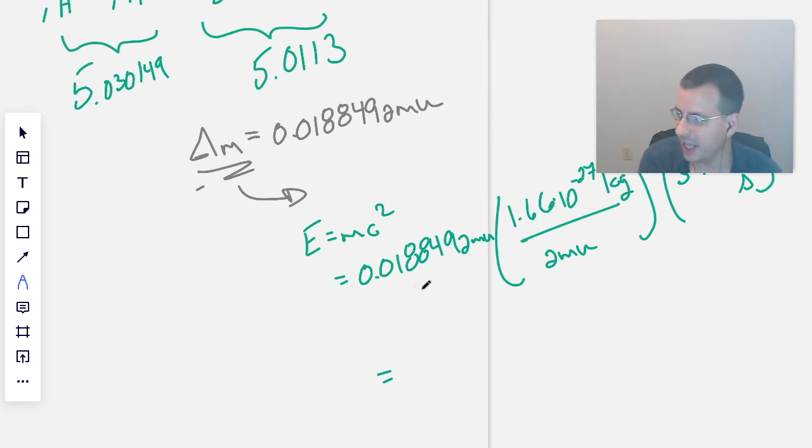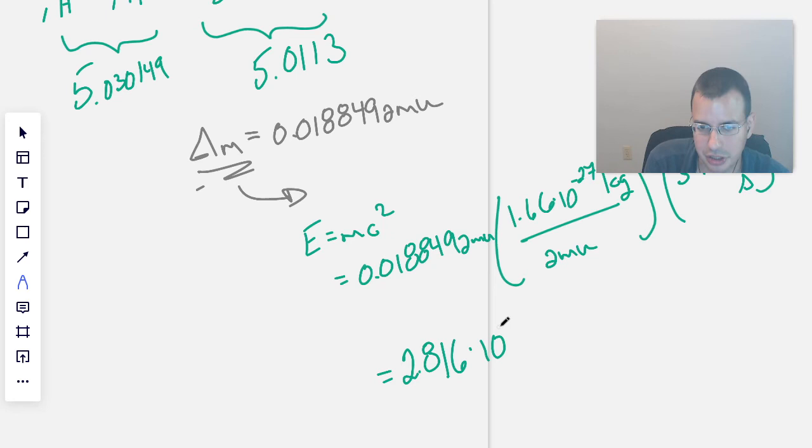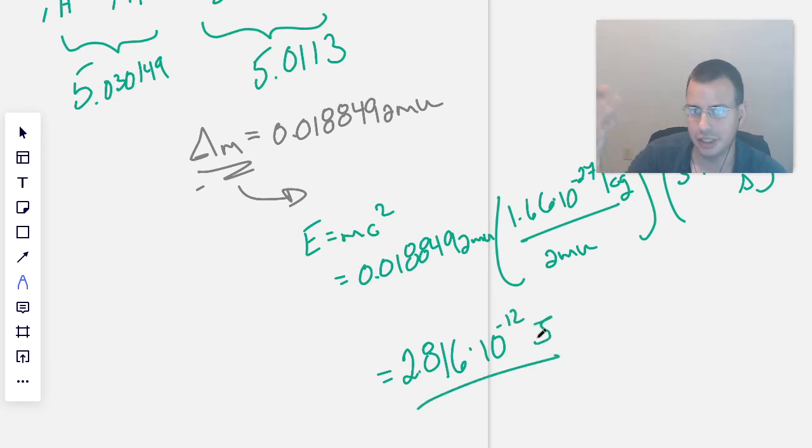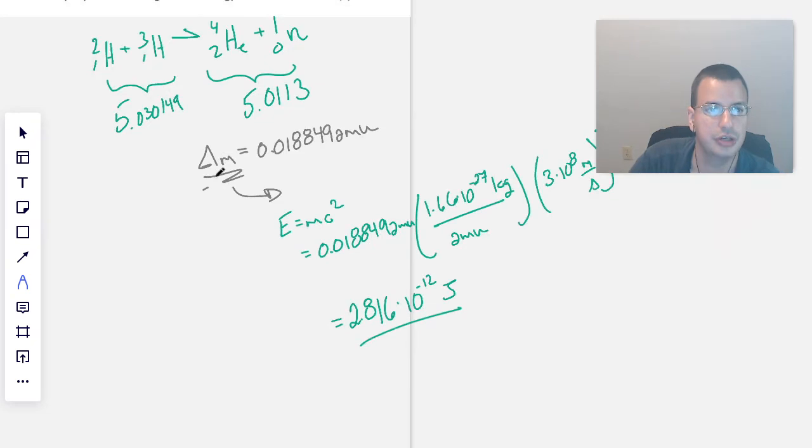And I get a small number. Yes, seems reasonable because it's just one fusion. 2 lonely atoms come together and fuse. Not a lot of energy. Especially in terms of, well, it's a lot of energy relatively. All right, 2.816 times 10 to the negative 12th joules.